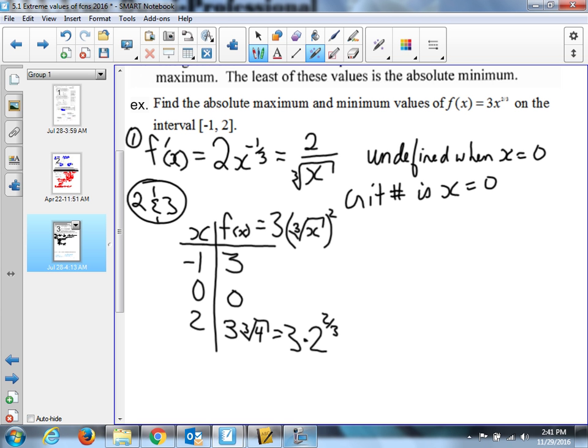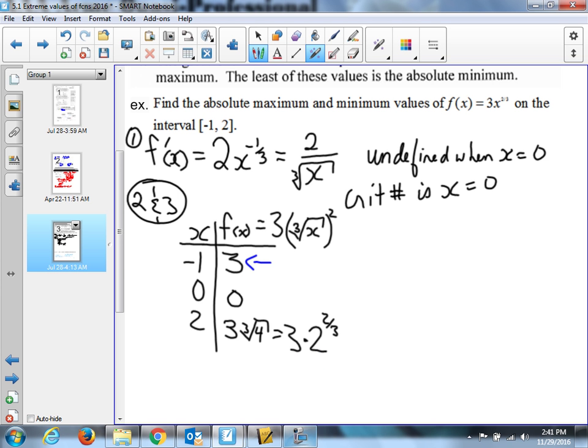If this was a non-calculator portion of a test, by logic or reasoning here, the cube root of 2 has got to be greater than the cube root of 1, right? And then if you square that, it's still larger than 1. So it's going to be 3 times something like 1.1 or higher. It's going to be larger than 3. This will be the middle value kind of thing, right?